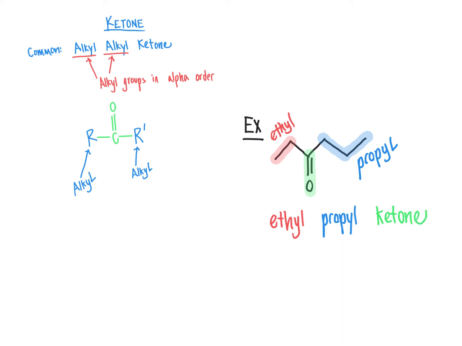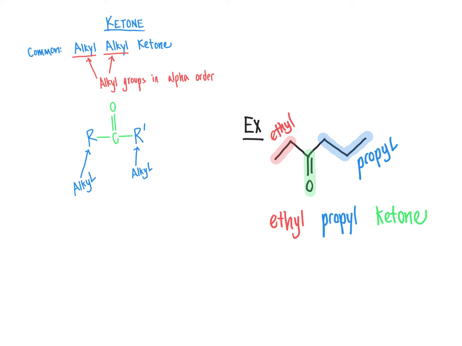Now, when you're thinking about the molecular formulas of these molecules, what you will find is that the number of carbons will be equal to the number of carbons in each of the 2 alkyl groups plus 1 extra carbon atom, because we don't include that carbonyl carbon in either of these alkyl group names. The alkyl group doesn't include the carbonyl, it includes only the carbons away from that.